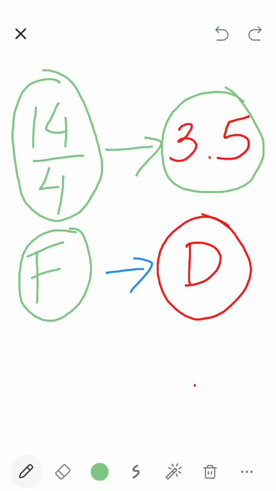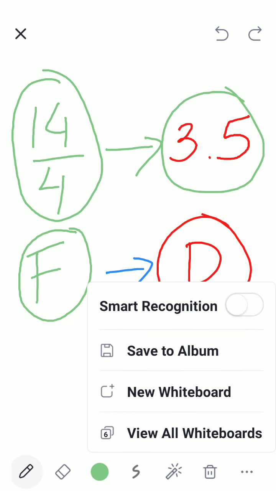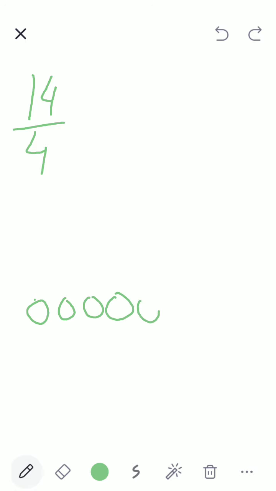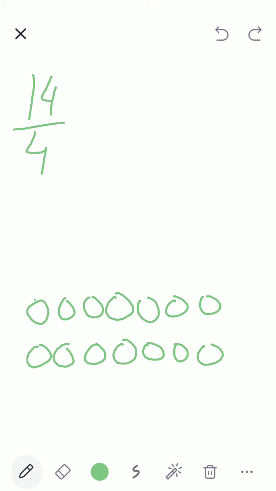Yeah. Now let me make you all picturize this. So we had started with 14 by 4. Means what? Suppose I have, say, 14 balls. 1, 2, 3, 4, 5, 6, 7, 8, 9, 10, 11, 12, 13, 14.